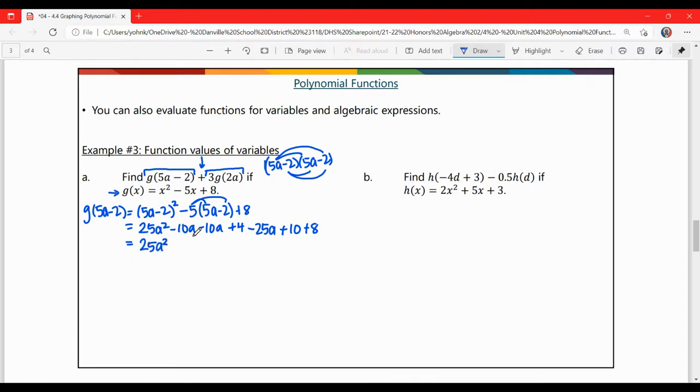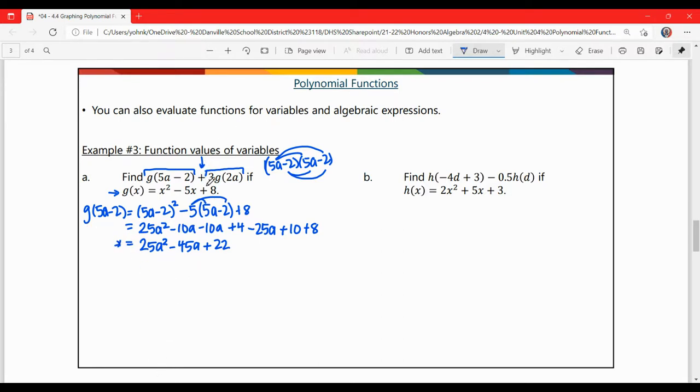Then I have negative 10a minus 10a minus 25a. That's minus 45a. And then I have a 4 plus 10 plus 8. That's 22. All right, I'm going to put a little star by it because we'll come back to it.